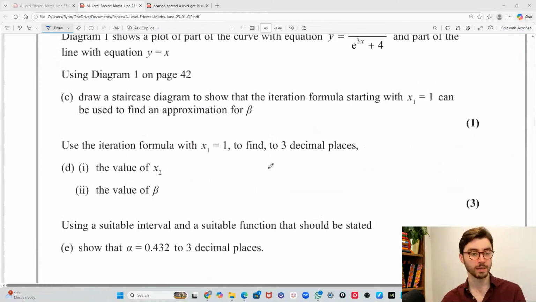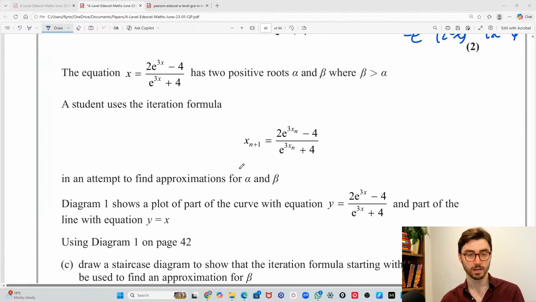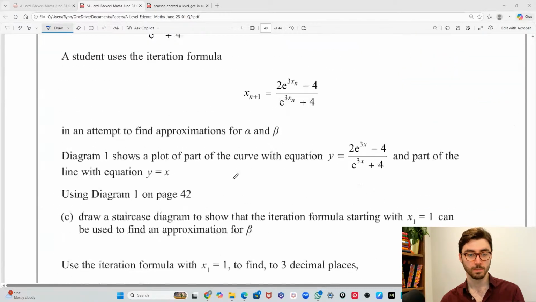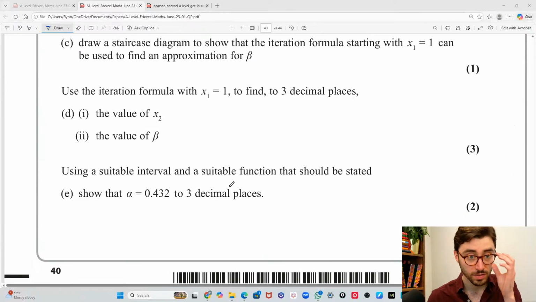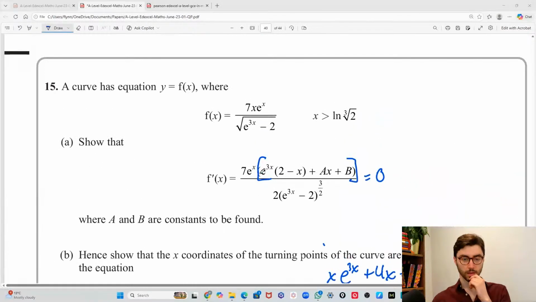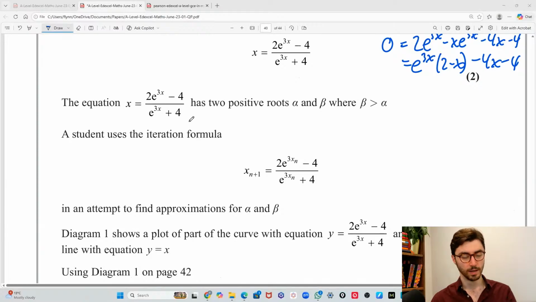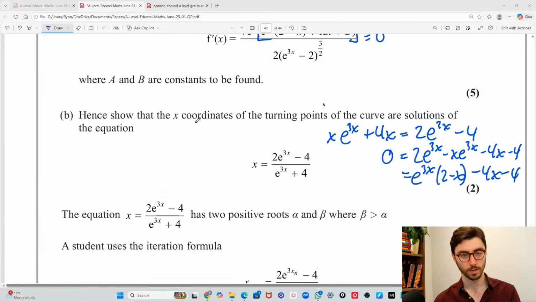And then finally, using a suitable interval and a suitable function that should be stated, show that alpha is that. So alpha is a solution to what? Well, this equation has two positive roots, alpha and beta, and these are the x-coordinates of the turning points.